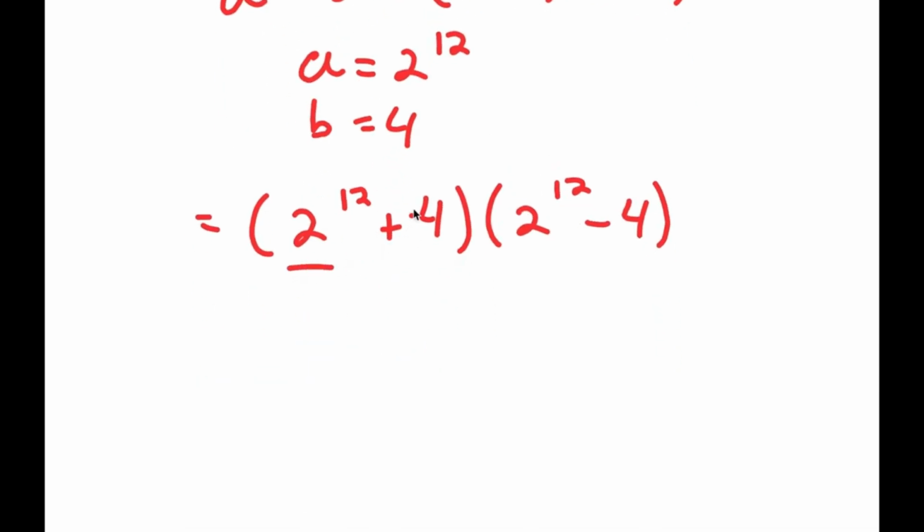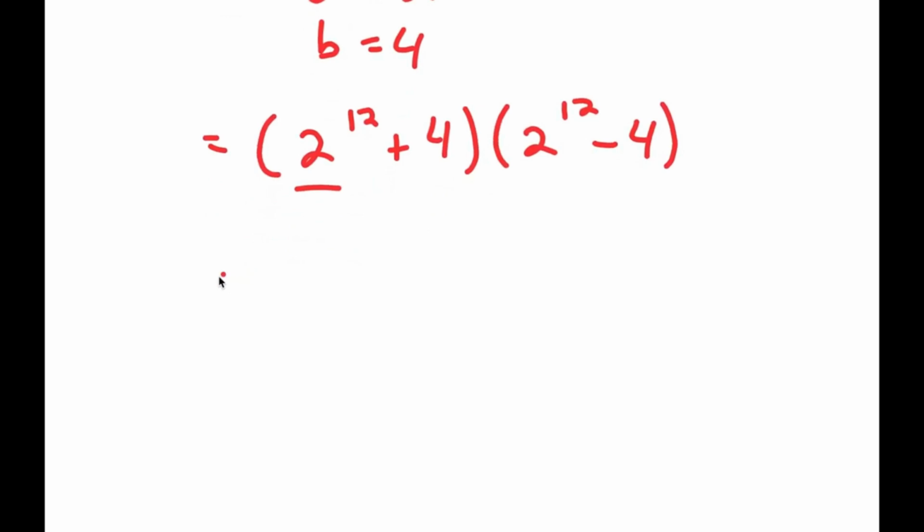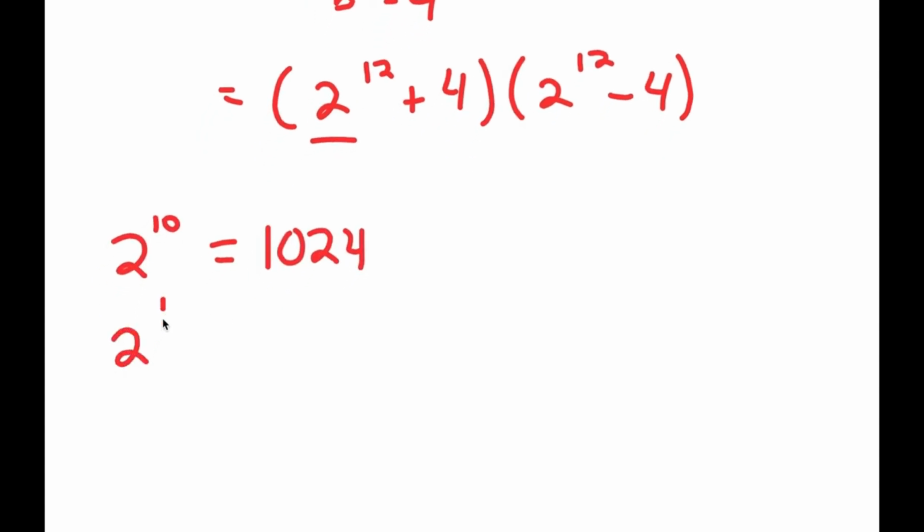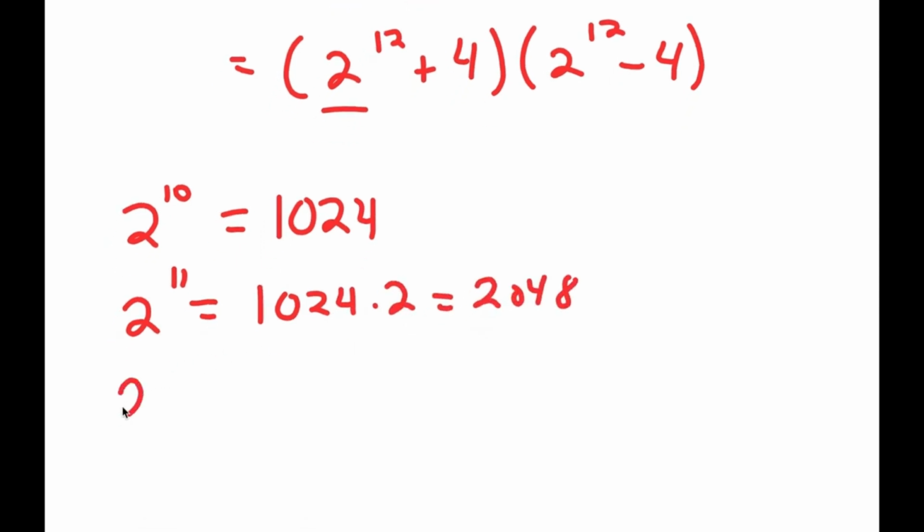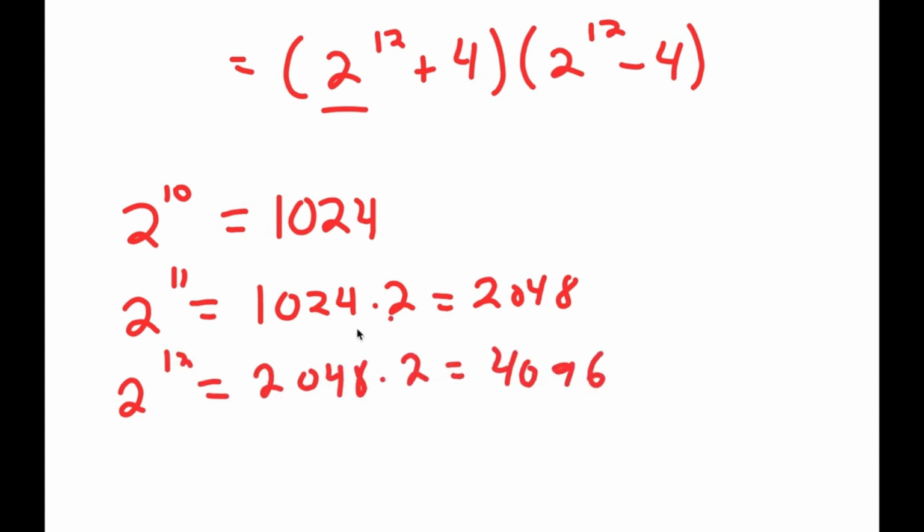Now, 2 to the power of 12, what is this equal to? Well, we know that 2 to the power of 10 is equal to 1024, meaning 2 to the power of 11 is the same thing as 1024 times 2, which is 2048. And 2 to the power of 12 is equal to 2048 times 2, which is 4096.